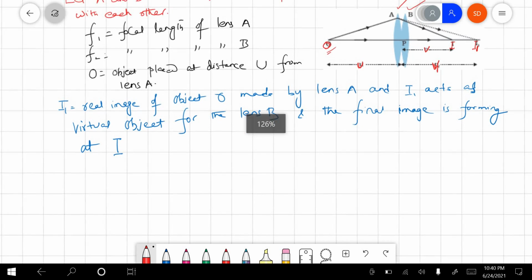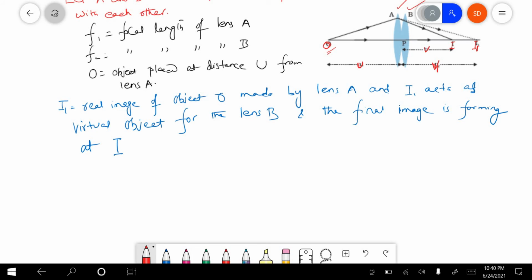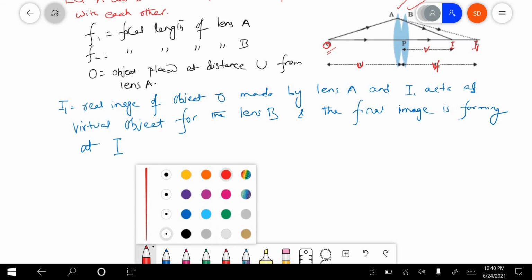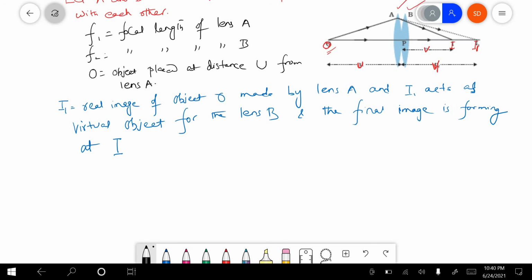So let's write down the expression for the image formed by lens A. For the image I1 formed by lens A, what can you write?